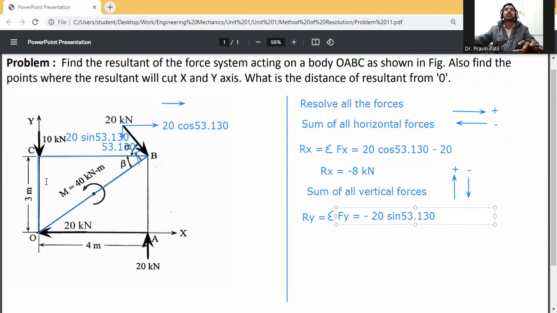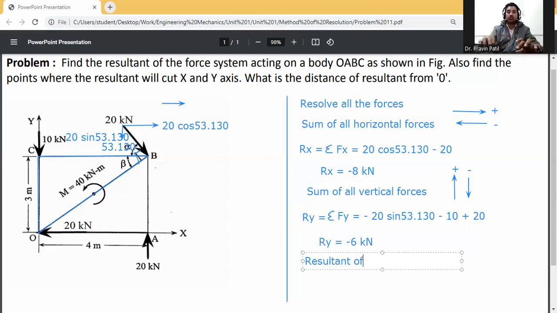Then that 10 kilonewton is also going downward, so minus 10. Then 20 at A is in the upward direction, so plus 20. So Ry is equal to summation Fy, which is minus 20 sine 53.130 minus 10 plus 20, so it will be minus 6 kilonewton.